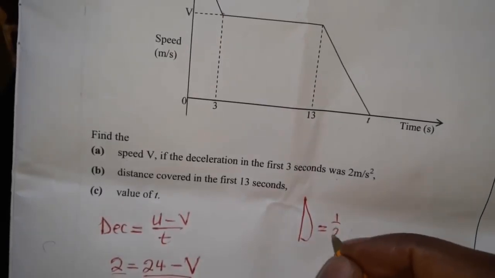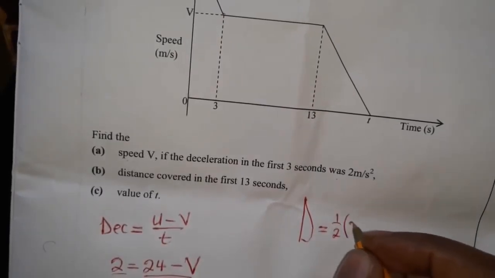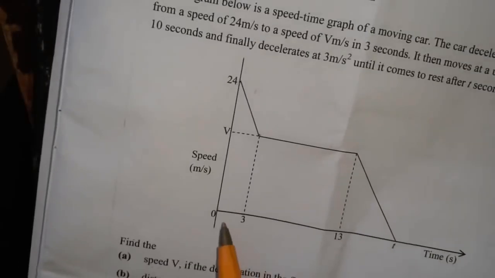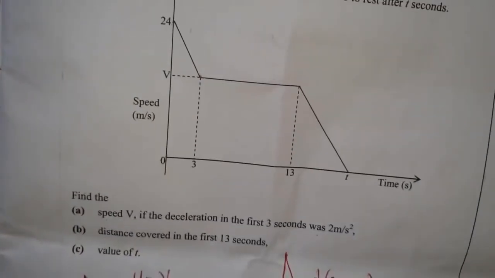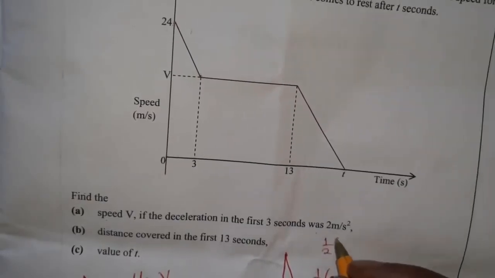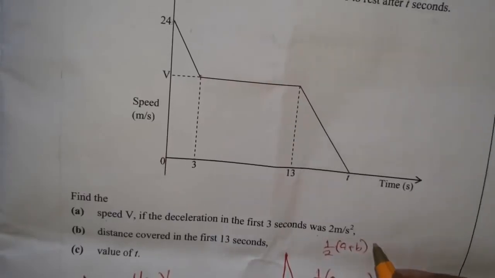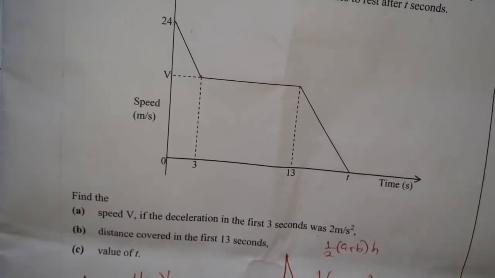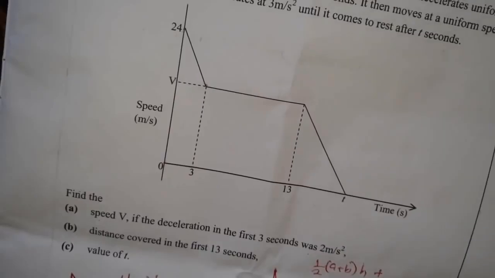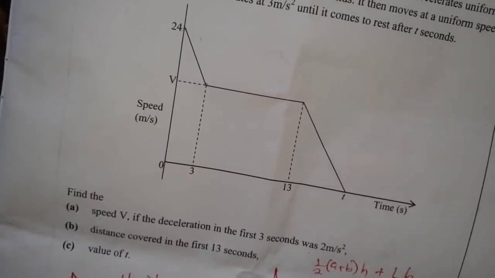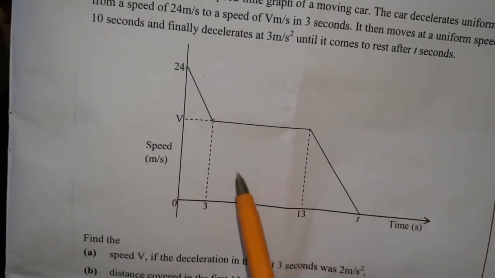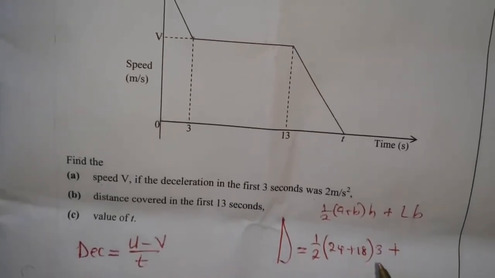It's going to be 1 over 2, 24 plus 18. Then the height here is 3. We are using the formula A plus B, then H over 2 for the trapezium, then plus L multiplied by B, which is the area of this part which we are calling a rectangle.